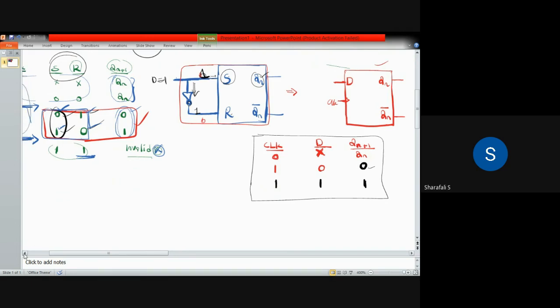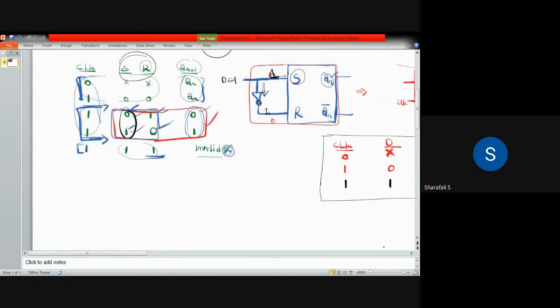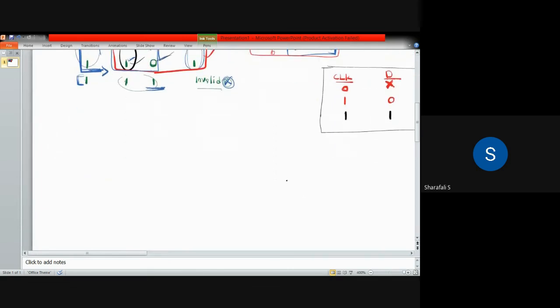So in that case we'll be having JK flip flop. I'm not going to discuss how we can convert that in case of JK. I'm just drawing how it will be after the conversion.